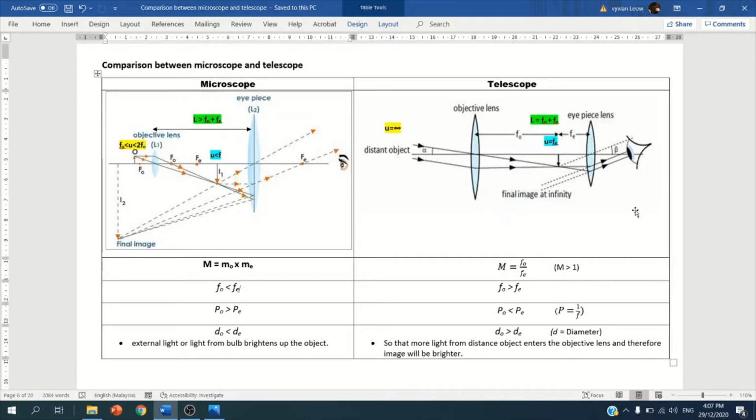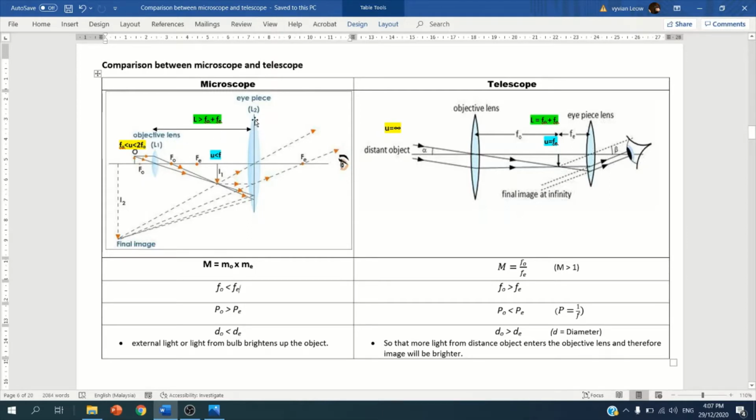Today I'm going to teach you the differences between microscope and telescope. These two optical devices use two convex lenses. One of the convex lenses is called the objective lens.